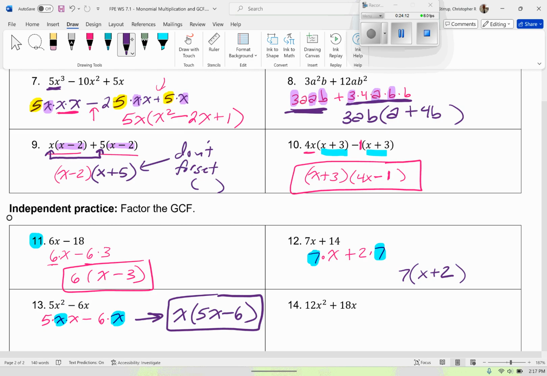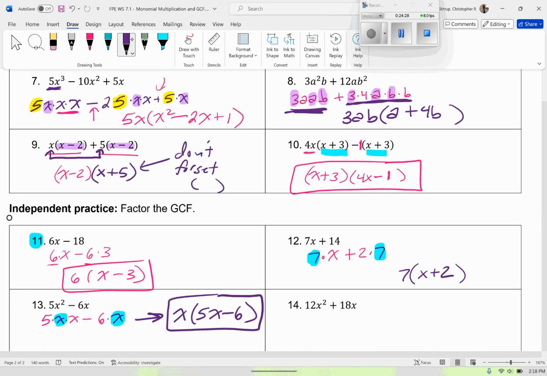Yep. Take a look at 14, my friends. See how you did. It looks like a number and a letter will come out of both of those. 2x, or 2 comes out of everything. That's it. Just a 2.